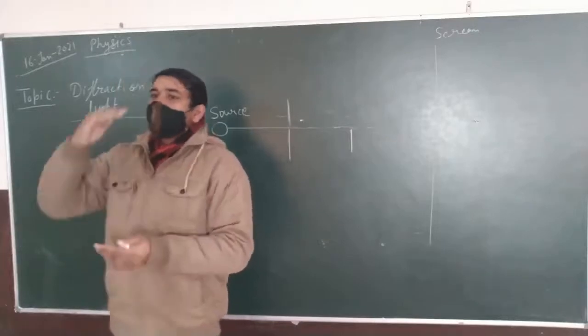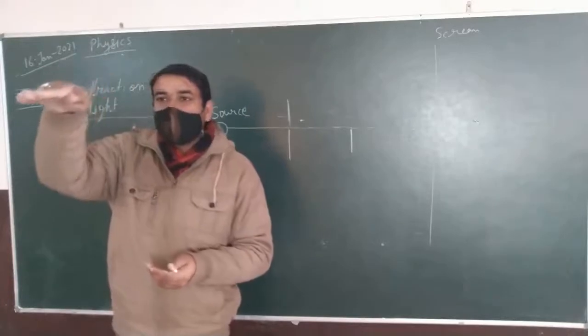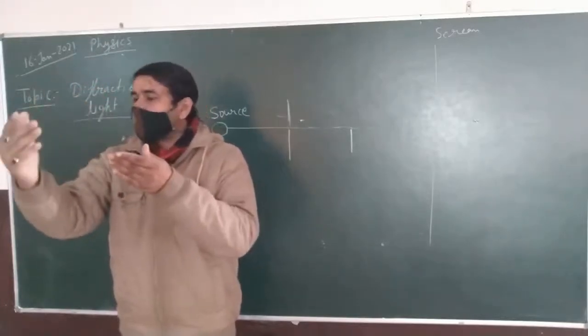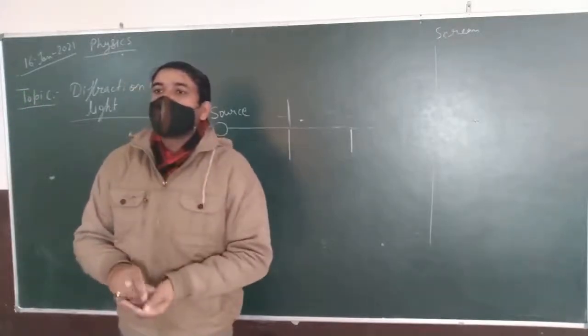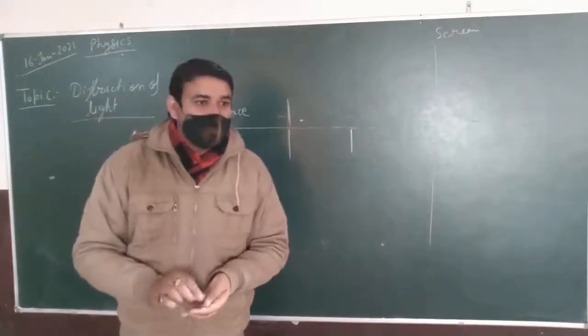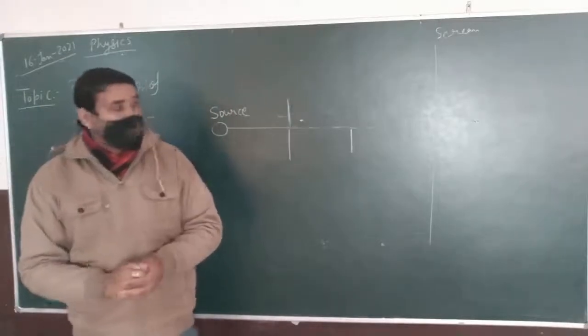Because of this, the light traveling from your side, or your eyesight, bends around that obstacle, the taller boy, and reaches there. So you can see the top portion of that boy, but he cannot see you.